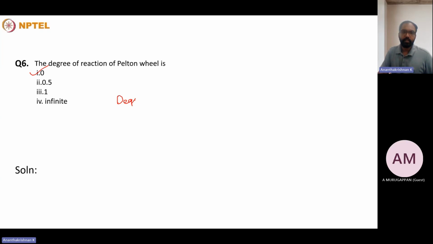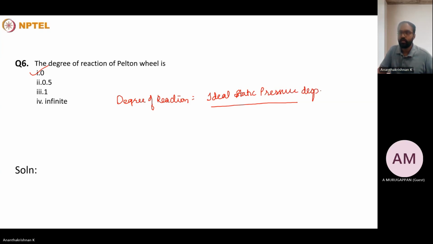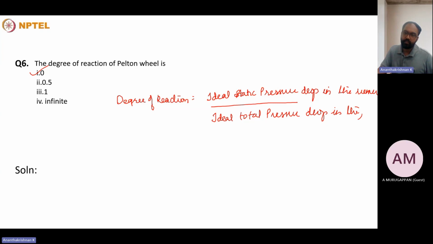The degree of reaction, the definition states, is the ratio between the ideal static pressure drop in the runner to the ideal total pressure drop in the stage.